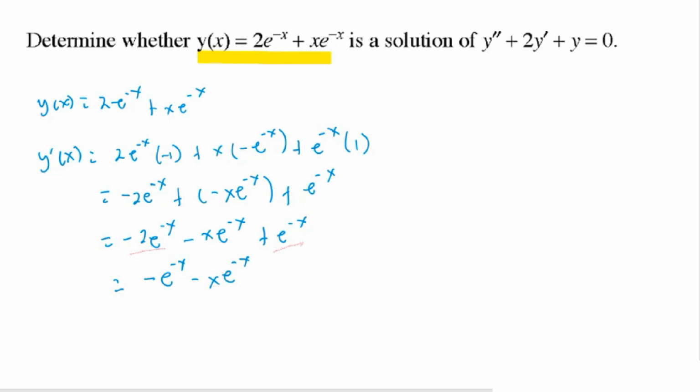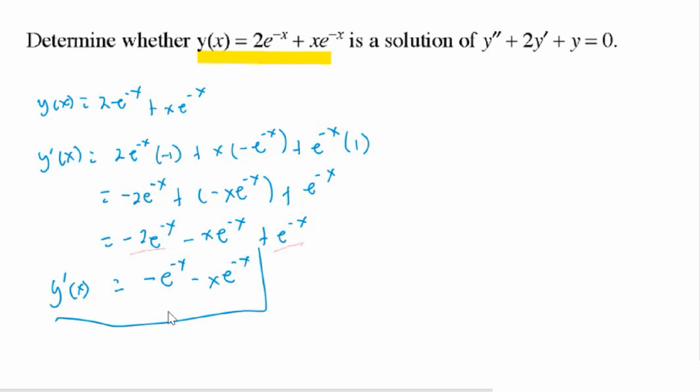So this is now our first derivative. We are not going to take the common factor of negative 1, so just let it be the answer of the first derivative, that is negative e raised to the power of negative x minus x e to the power of negative x. So this is our first derivative.